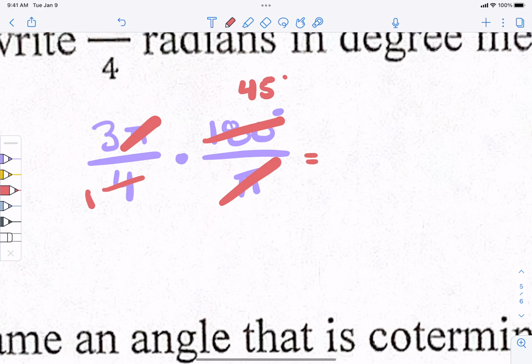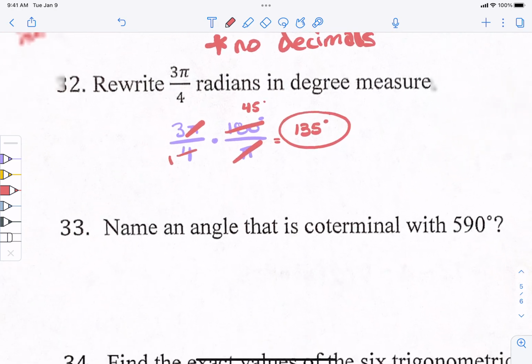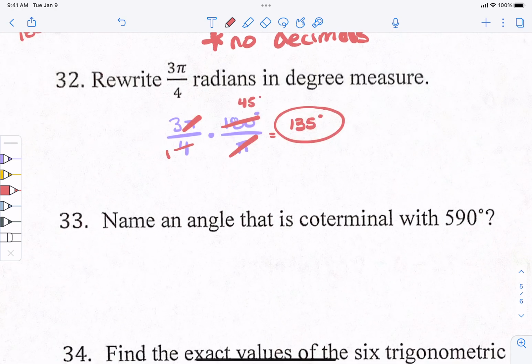So on the top, I take 3 times 45, which is, I think, 135. Yep, 135. And on the bottom, I just have 1, so I really don't have to put anything. It's just 135 degrees. Okay? All right. If you need to, pause, but I'm going to keep moving on.